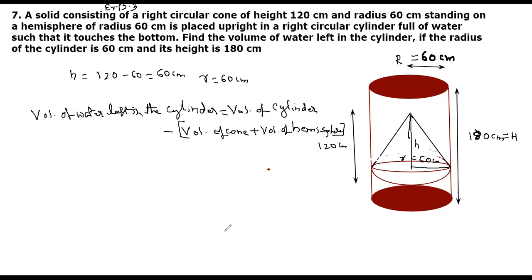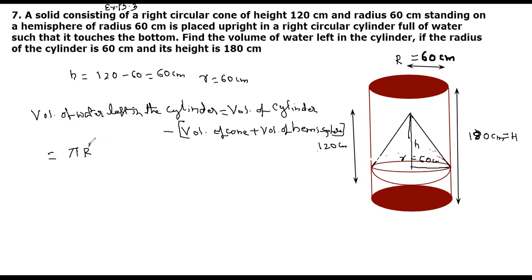Okay. Now let's put the values here. The volume of the cylinder is pi r square h, so capital R we are taking.